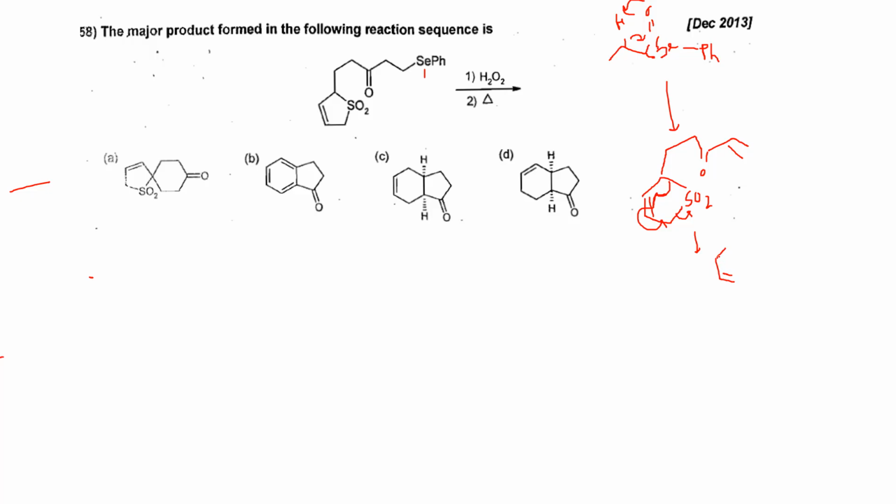So now in a single system there is a diene and a dienophile. So it will undergo the Diels-Alder reaction, forming a 6-member ring.